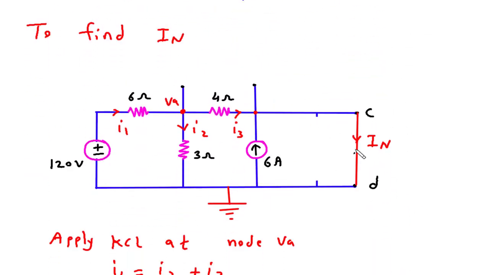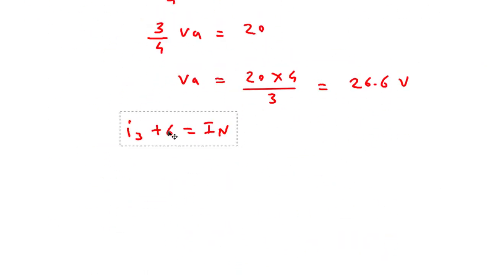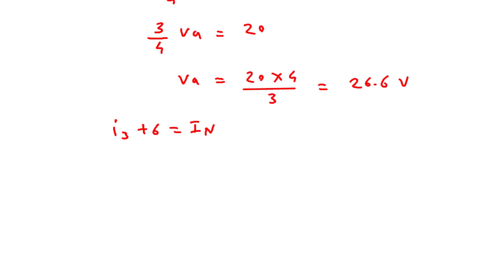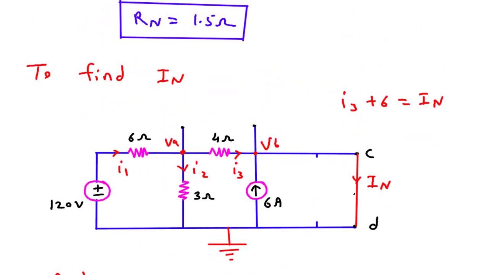Now we have to find IN. If you apply KCL at node VB, entering current at this node is I3 plus 6, and that is equal to IN. Now I3 is VA minus 0 by 4, since VB is 0.